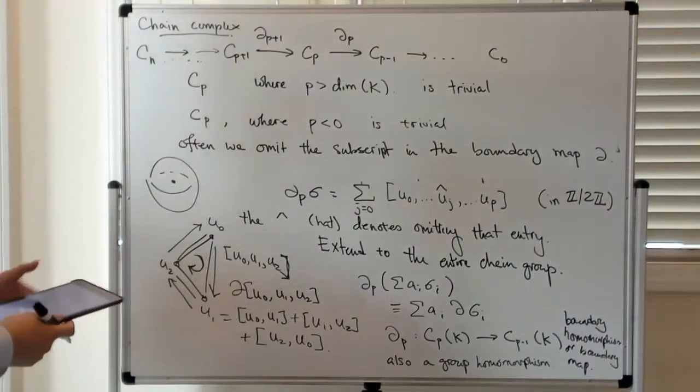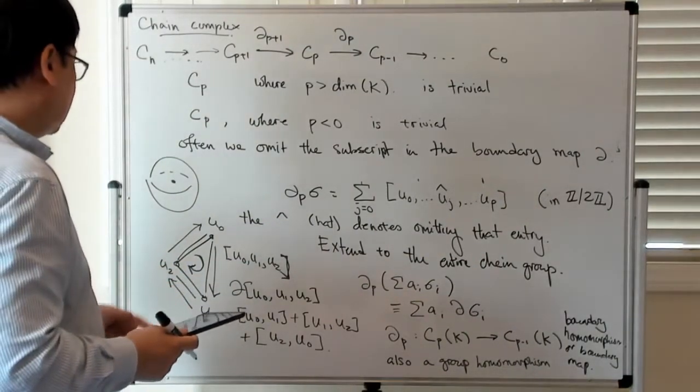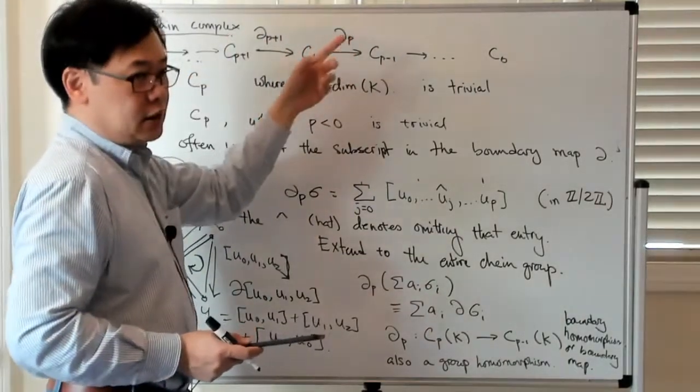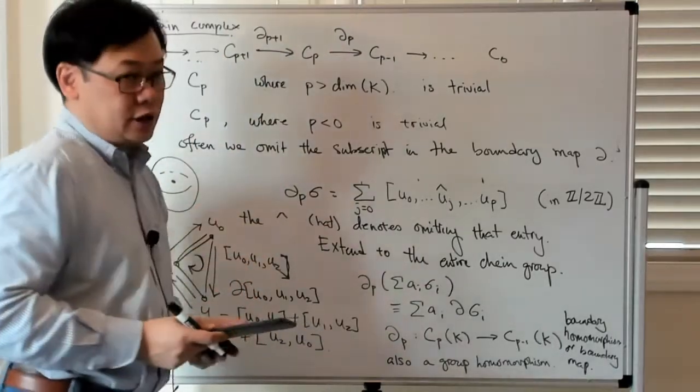So this gives the idea of a chain complex, and what we're going to see is that the notion of holes has to do with certain properties or certain spaces associated with the boundary map. Okay, so let me just stop here for a minute.